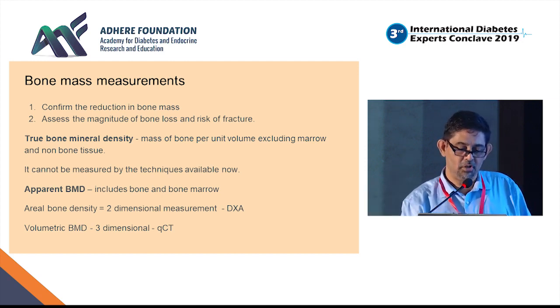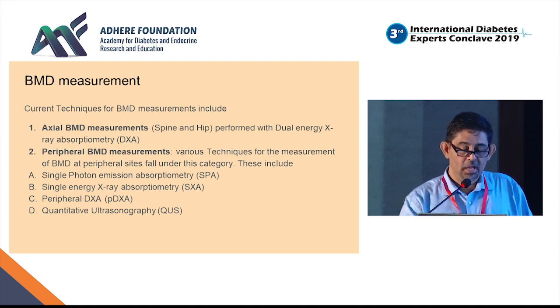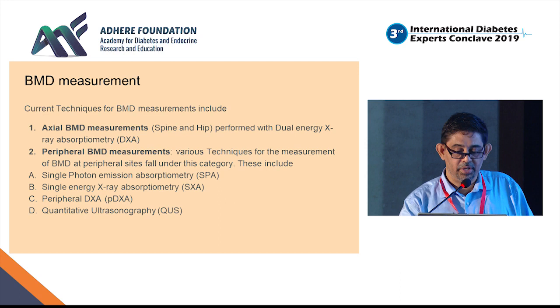You also have the option of a volumetric BMD, which can be done by a three-dimensional quantitative CT. DEXA is generally used to look at the spine and the hip. There are other ways of doing DEXA, which is SPA, SXA, PDXA, or quantitative ultrasound, which we are going to just mention in passing and not dwell too much time on.